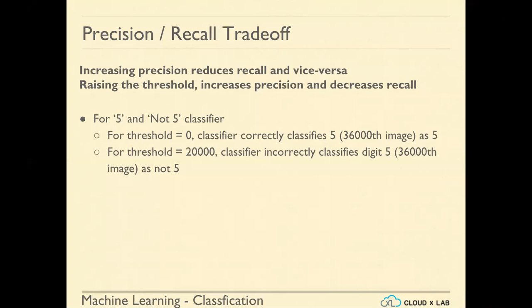That's the score, our loss function. And so what we've understood is increasing precision reduces recall and vice versa. If you increase precision, the recall will drop, as we just saw. And raising the threshold increases precision and decreases recall.